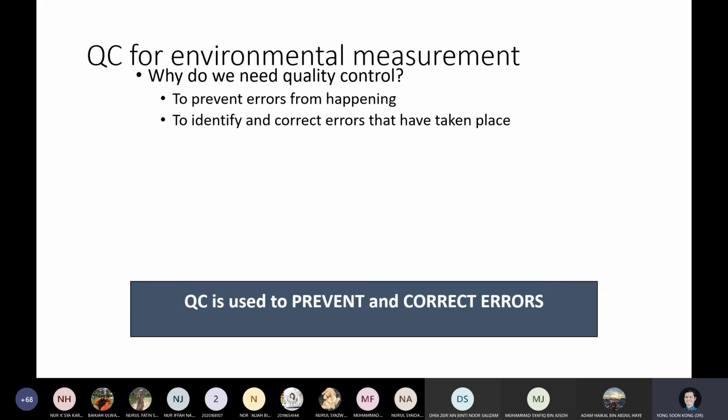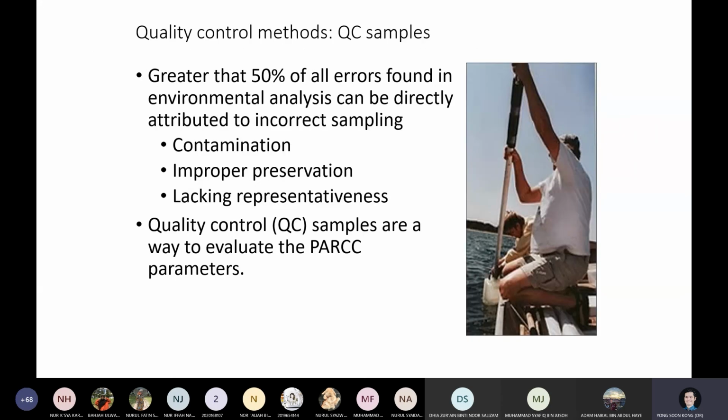As I said to you earlier, the error comes from all these environmental variables, like temperature or whatnot, but most likely is due to the nature of the contaminants and also the matrices. So the objective of this quality control is to maintain the accuracy.